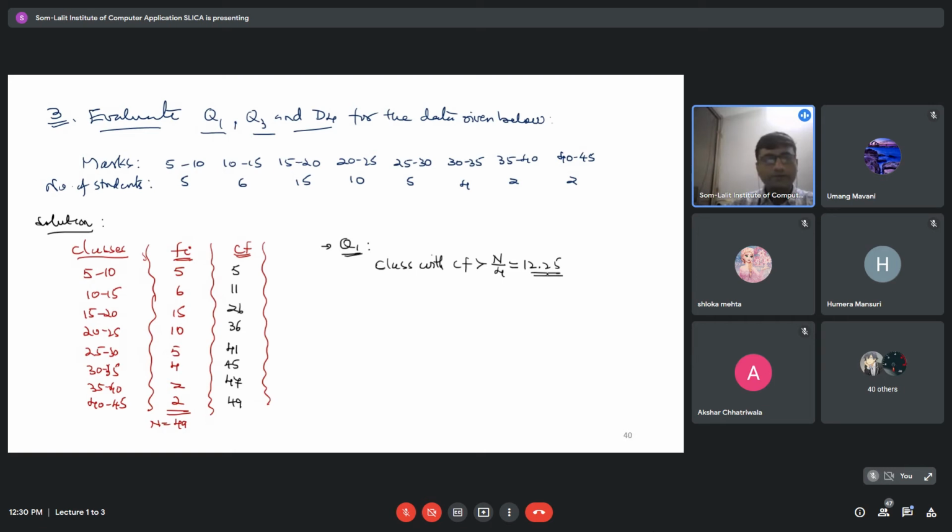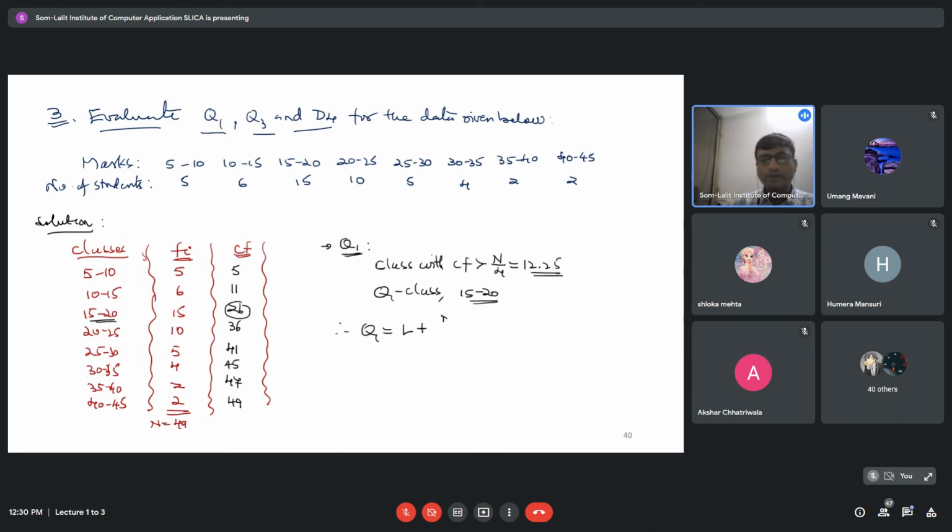So the class whose CF is more than this. Yes, so it is this class. Here the CF is 26. It has to be more than 12.25. Okay. So the class that contains Q1 is 15 to 20. Now just use the formula for Q1 and place our respective values.